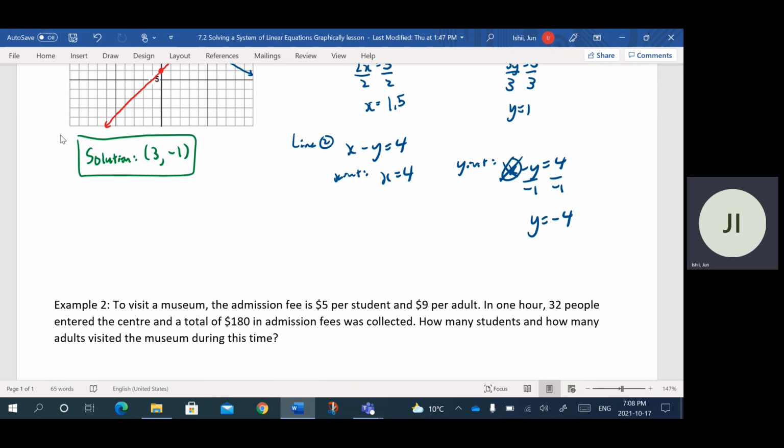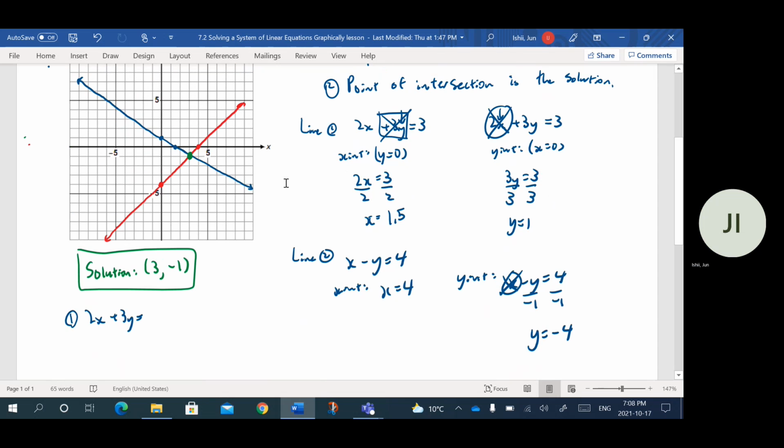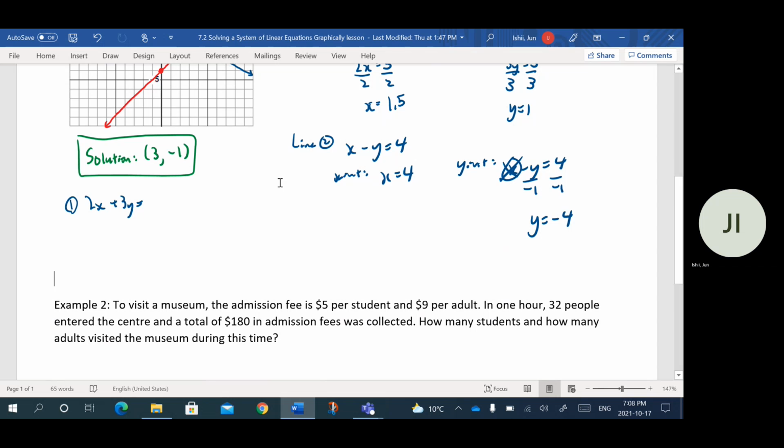So again, the system was 2x plus 3y equals 3. All right, so I'm just going to check here.